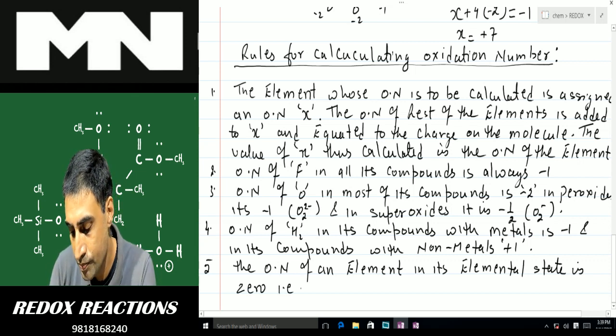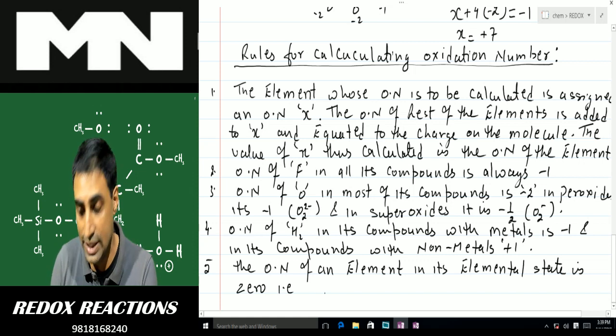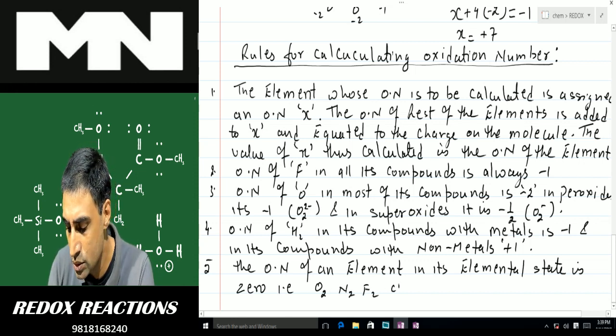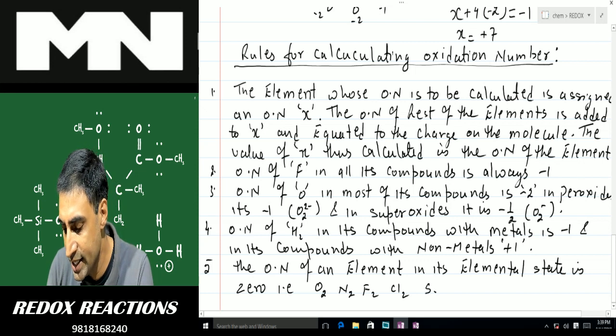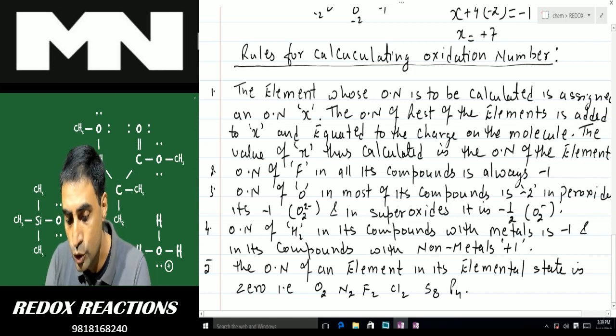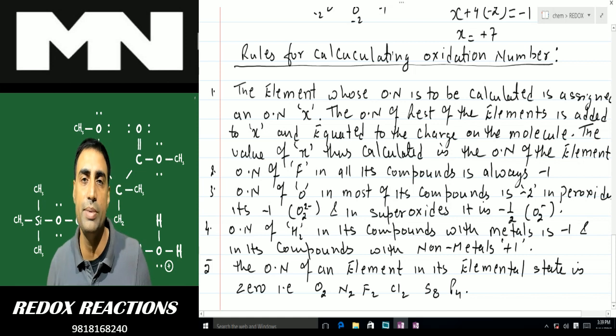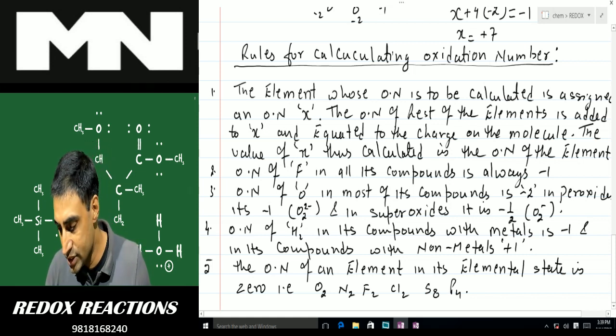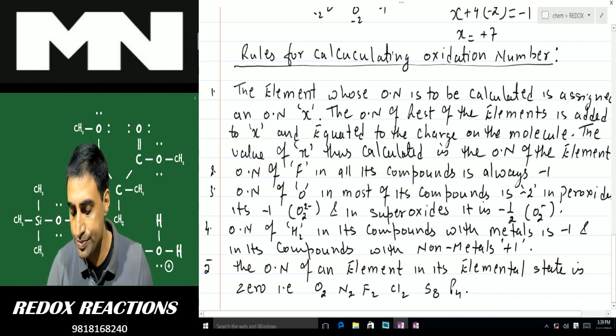That is, oxygen in nature exists as O2. So whenever you have O2, the oxidation number is 0. O2, N2, F2, Cl2, S8, P4. So whenever an element is in its elemental state, the state in which it exists in nature, its oxidation number is always 0.